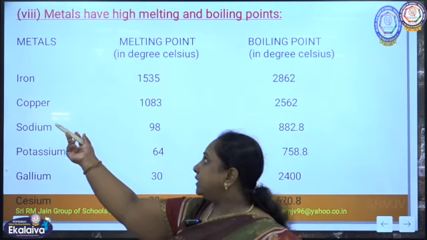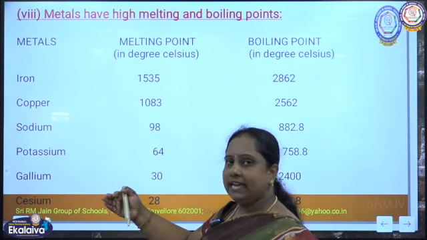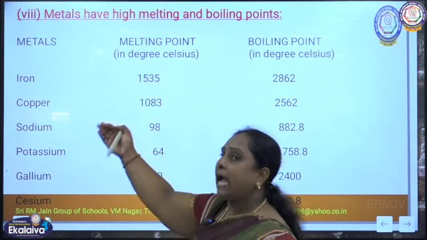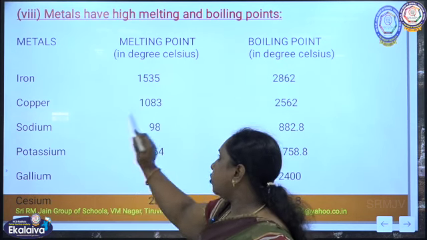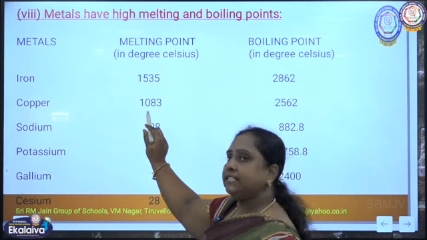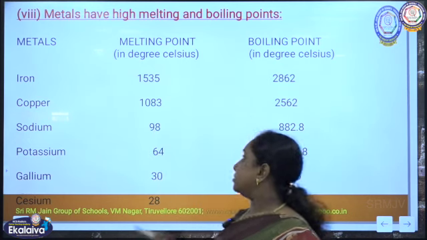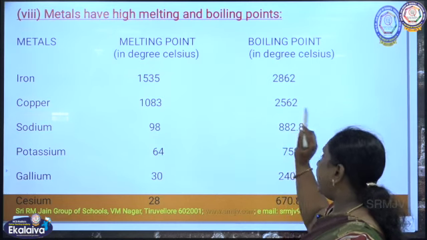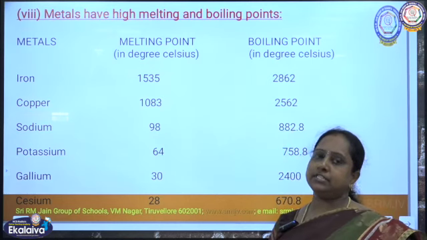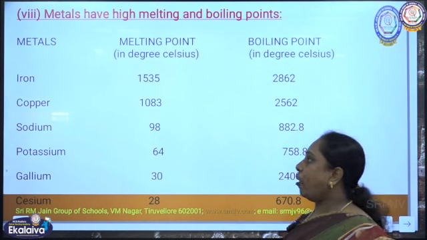The next metal which has somewhat less melting and boiling point than iron is copper. Copper has the melting point of 1083 degrees Celsius, and 2562 degrees Celsius is the boiling point of copper.